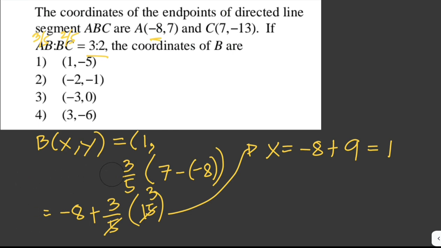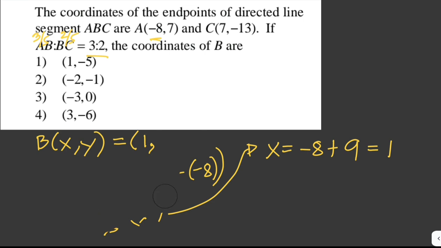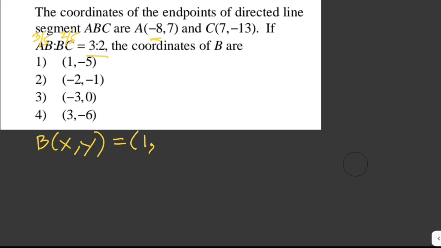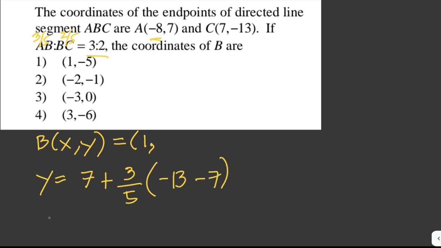And now let's solve for the y coordinate. So y is just equal to 7 plus 3/5 times the difference between the y coordinates of points A and C, negative 13 minus 7.